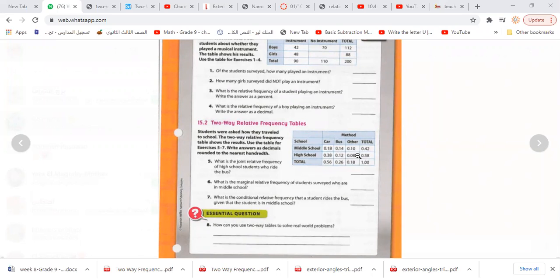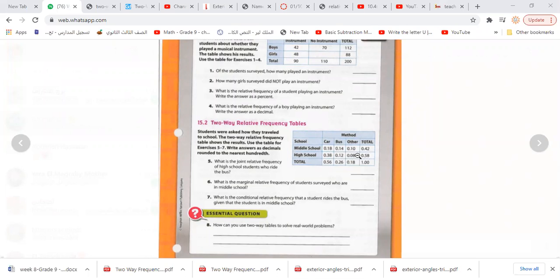Miss, can you please explain the conditional frequency? With all my pleasure. The conditional frequency is the ratio between joint and marginal. If I want to calculate the conditional relative frequency, you see the relative frequency table in front of you now? Did you see this table?